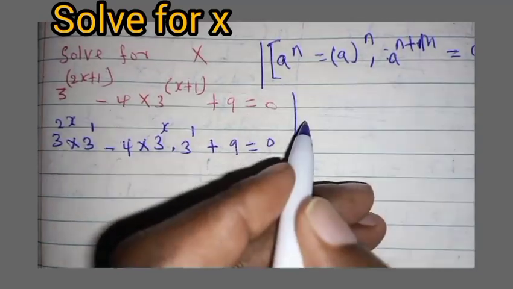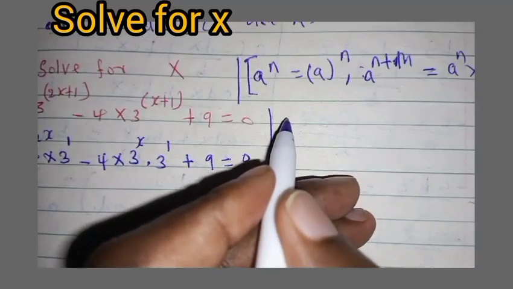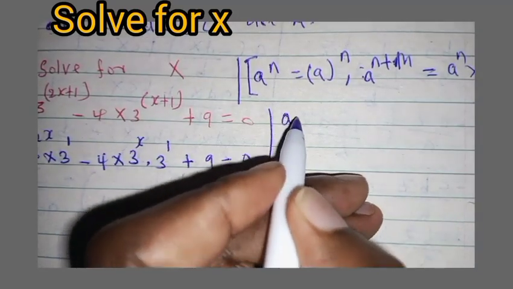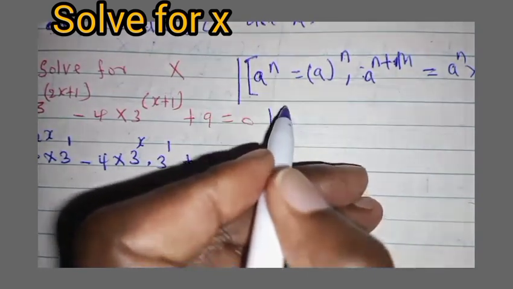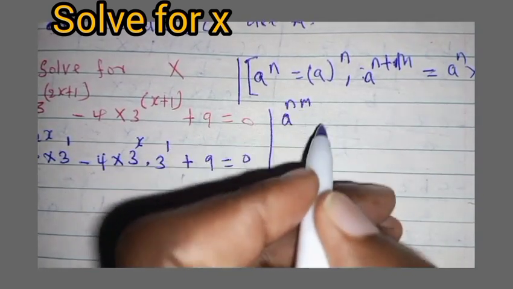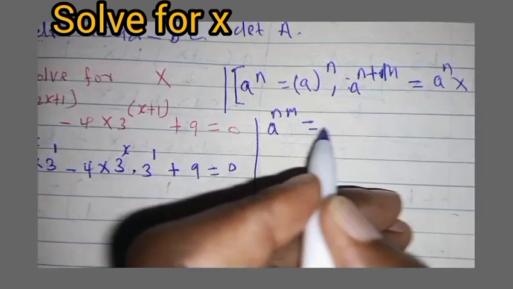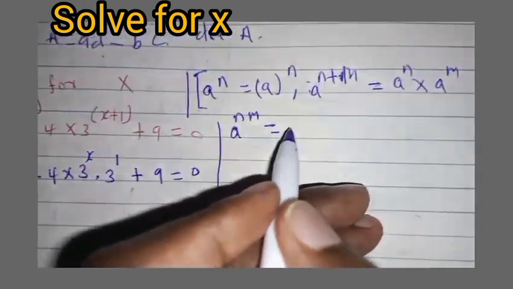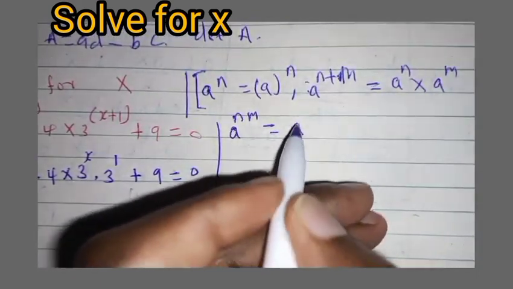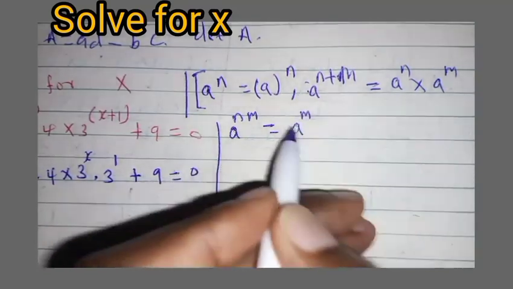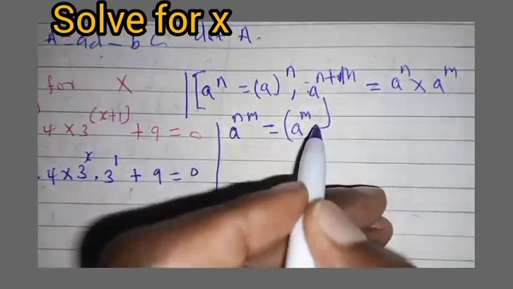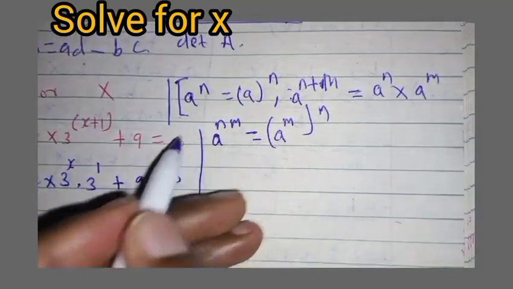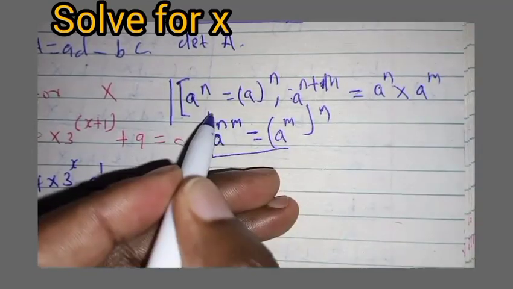Then we also want to make use of this identity whereby if you have a power nm, this can be written as a power m into bracket n.